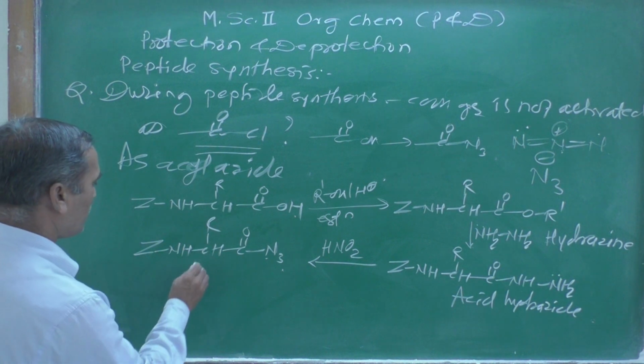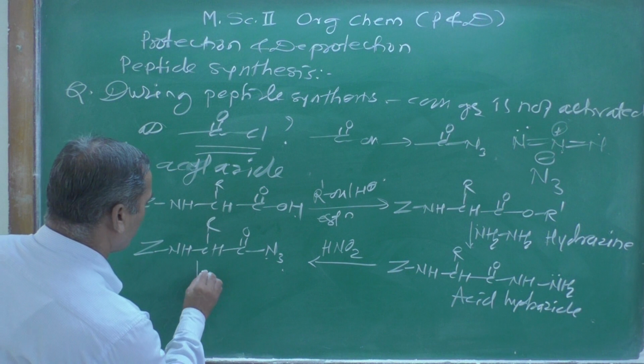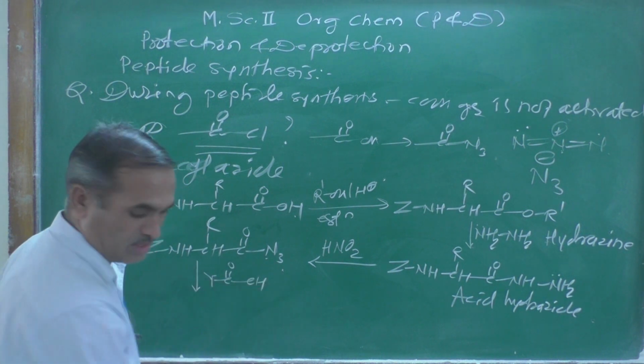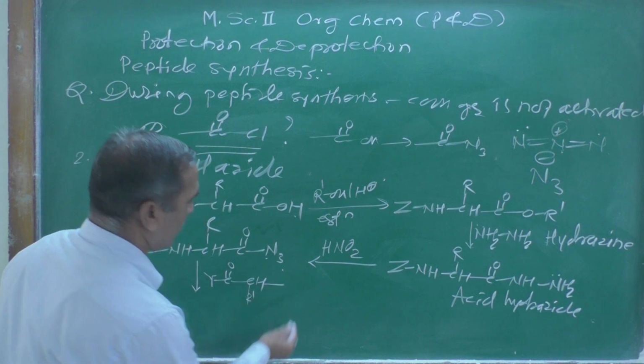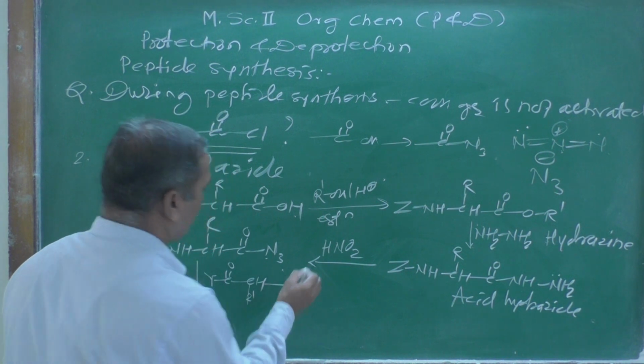Now this one is further treated with the carboxyl-protected amino acid: C double bond O, then CH, here you can write R dash, then NH2 group. Now the NH2 group is free.